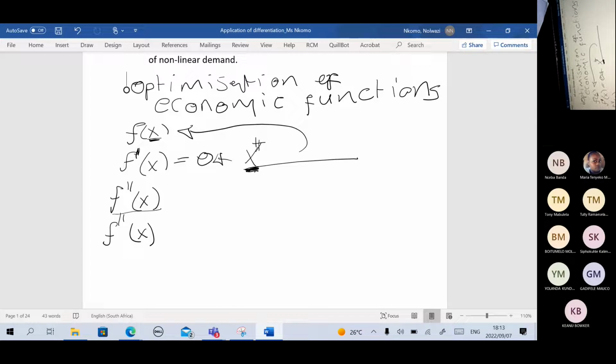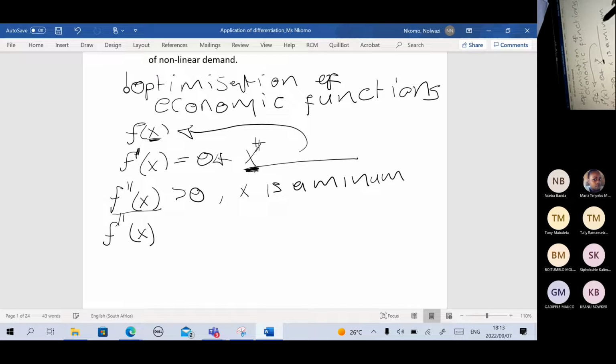If the second derivative is greater than 0, then the point x is a minimum point. And if the second derivative is less than 0, then x is a maximum point.